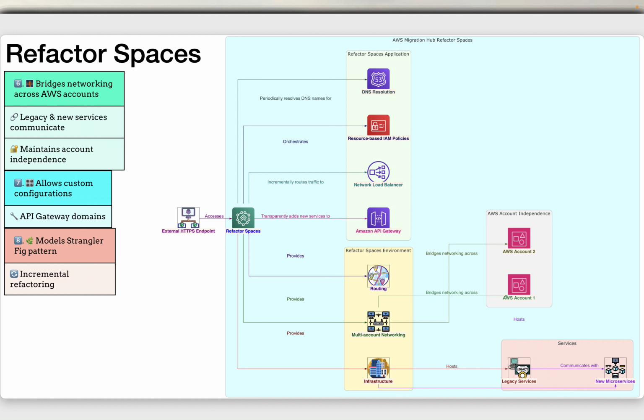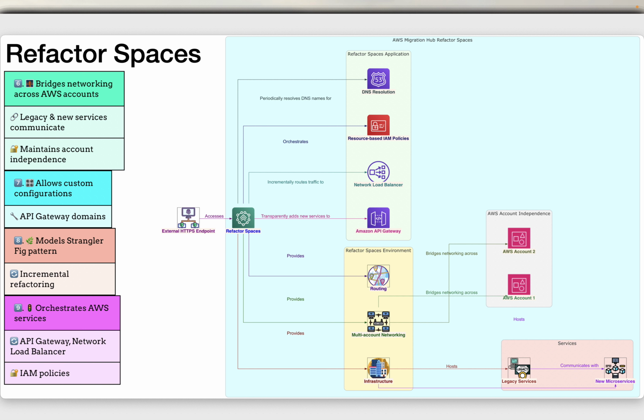Refactor spaces provides an application that models the strangler fig pattern, which is a technique for incrementally refactoring applications, and this helps in gradual transition to microservices. Refactor spaces application orchestrates Amazon API Gateway, Network Load Balancer, and resource-based AWS Identity and Access Management (IAM) policies.